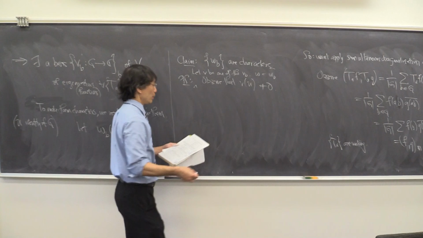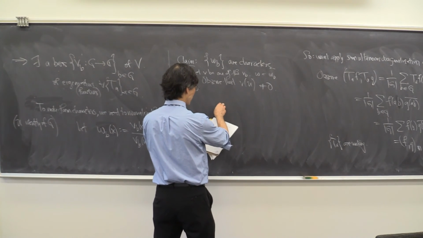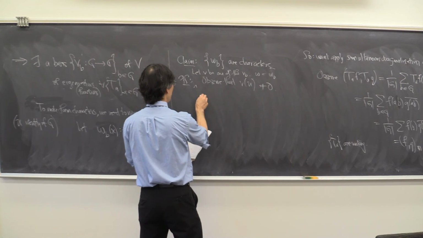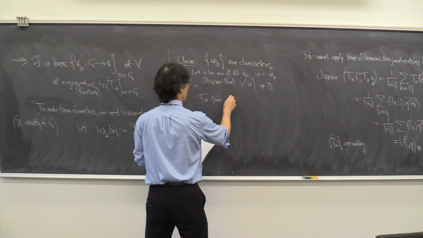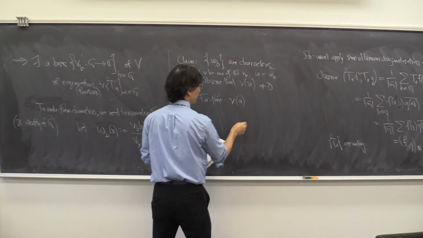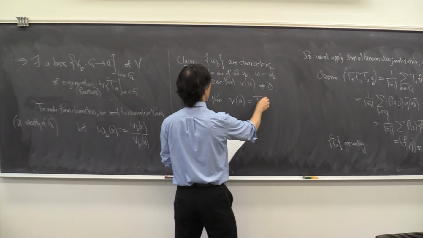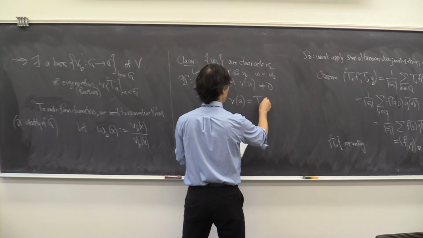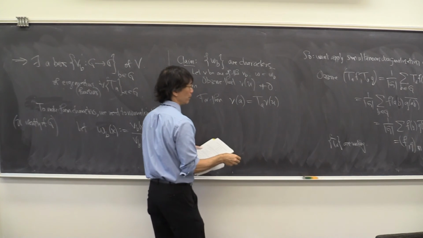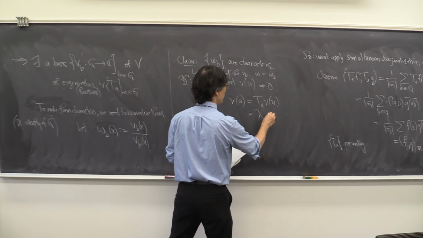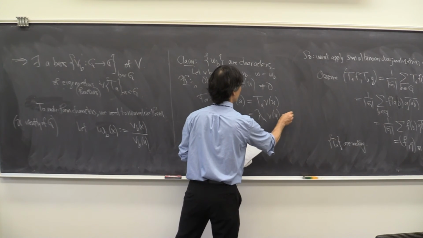The reason is that if it were, then V of anything would be T_A of V of U, which would be just the eigenvalue times V of U, which would be 0.